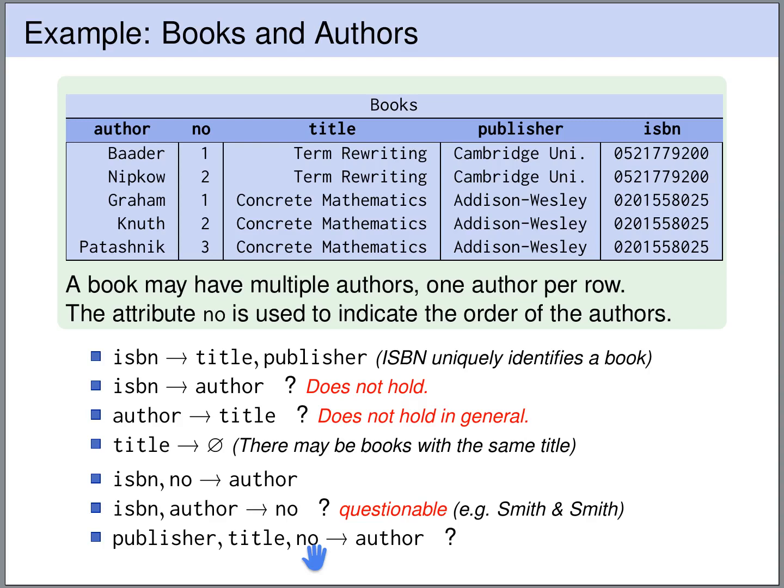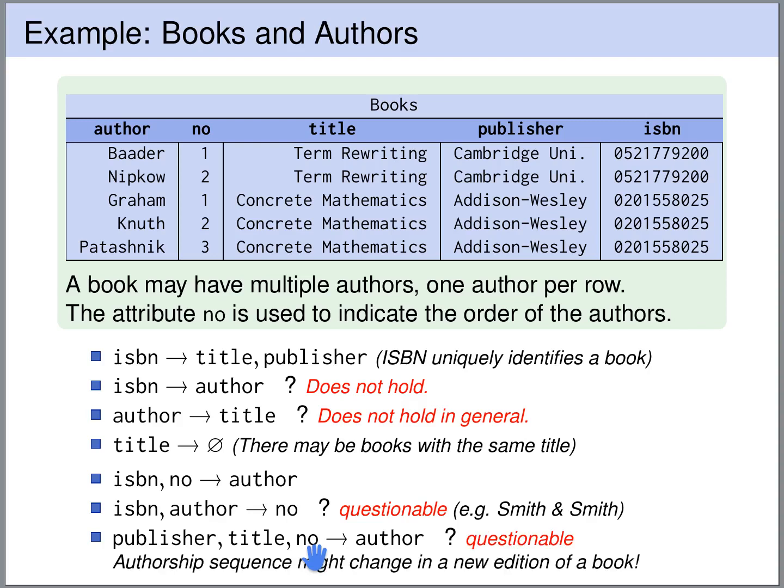Maybe on the third edition the second author has contributed a lot and has become first author. So it's not clear that between different editions of the book, the author order has to stay the same. So also this functional dependency is questionable, and we should not take it up into our design of the database.